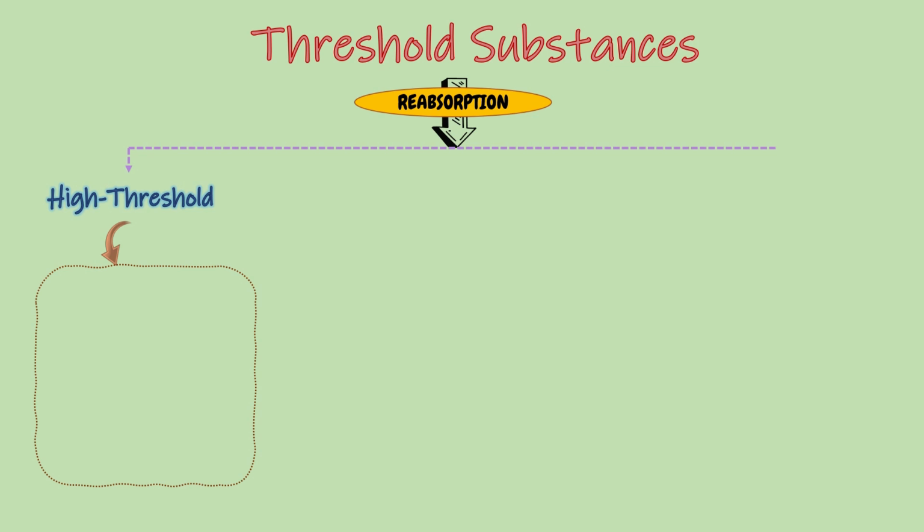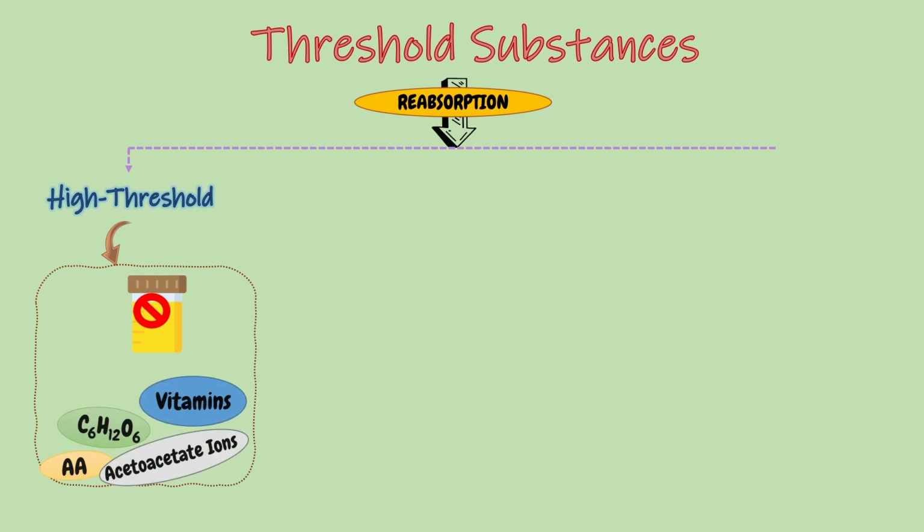High threshold substances are those substances which do not appear in urine under normal conditions. The food substances like glucose, amino acids, acetoacetate ions, and vitamins are completely reabsorbed from renal tubules and do not appear in urine under normal conditions.